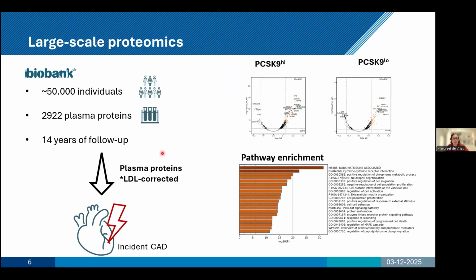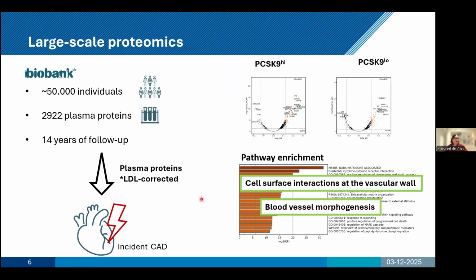With these proteins, we did a pathway enrichment analysis, and interestingly, we found, for instance, differences in pathways related to cell surface interactions at the vascular wall and blood vessel morphogenesis.